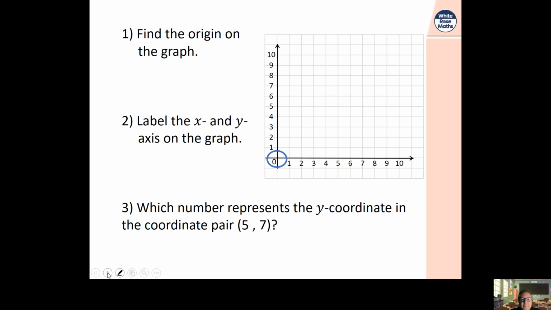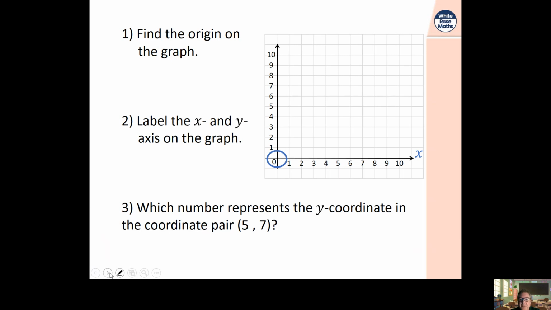So this is the origin. The origin is the part of the graph at 0. Sometimes it's 0, 0. On this one, we have just the 1, 0. So you can see it marked. Now the x-axis is always across.